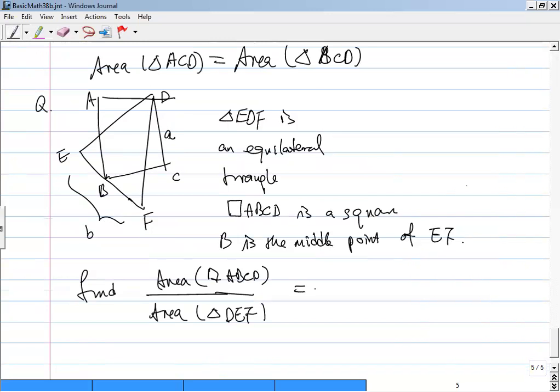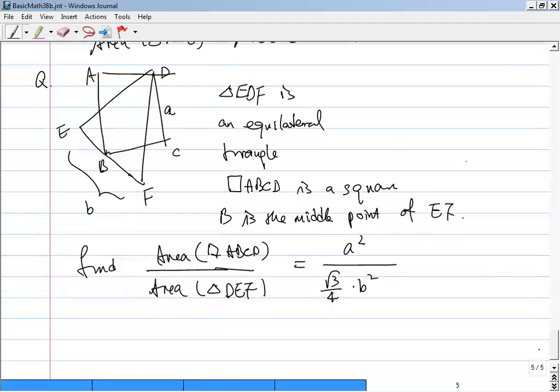So the ratio is going to be A squared over square root of 3 over 4 times B squared. If you know the edge length, all you have to do is find the relationship between A and B. You know the formula for the area of the equilateral triangle.